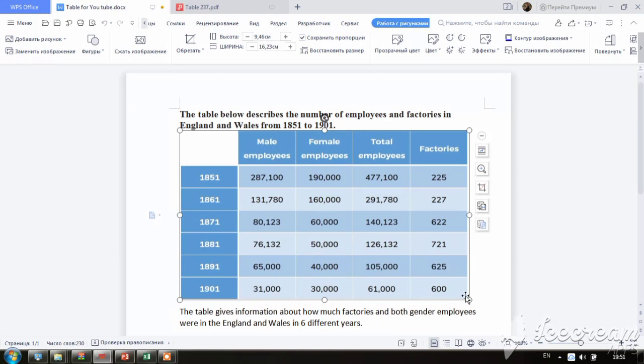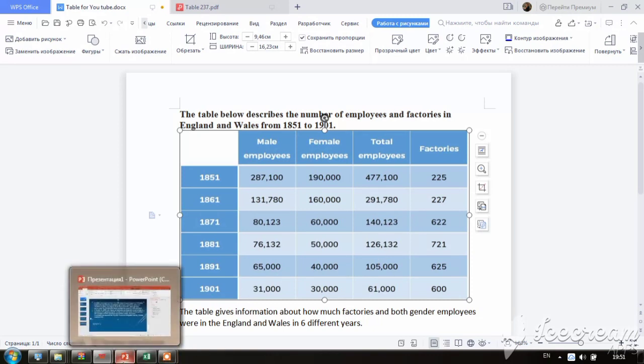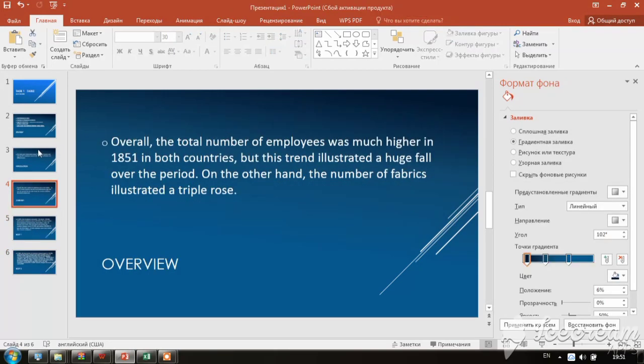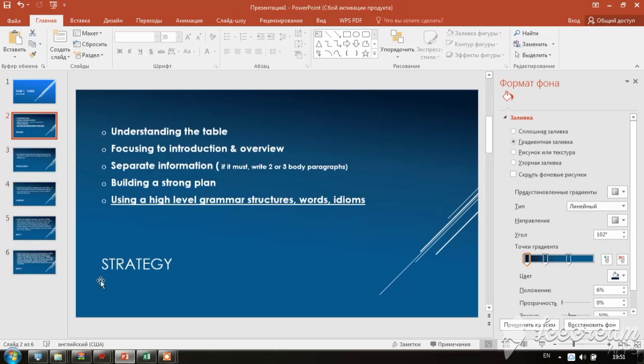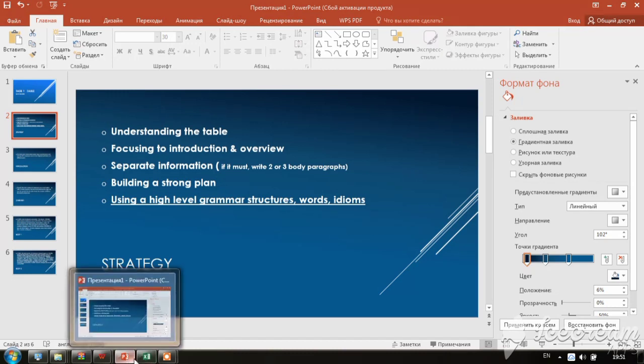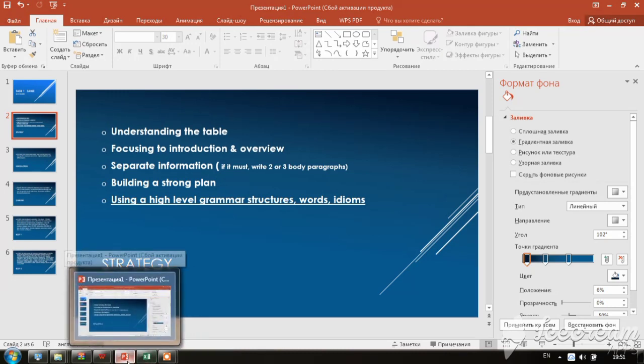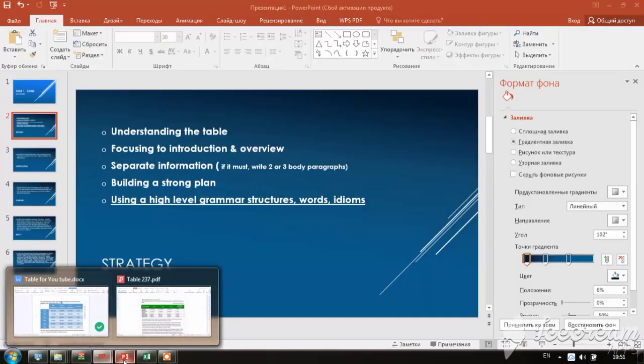In the last sentence, factories dropped also by 25 and reached 600.